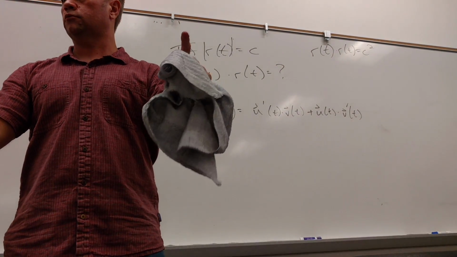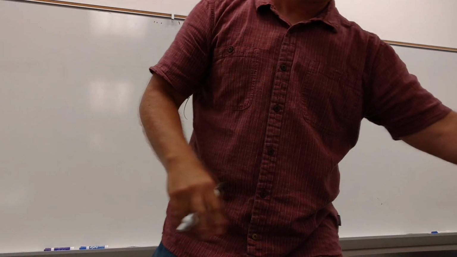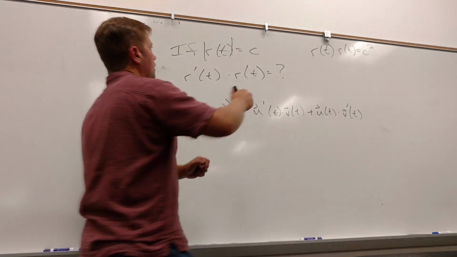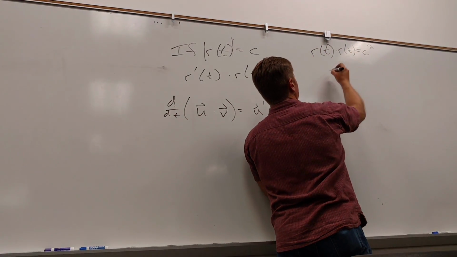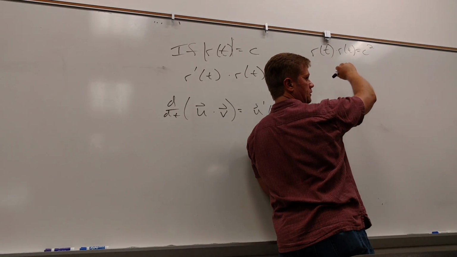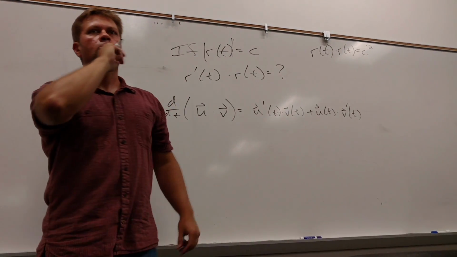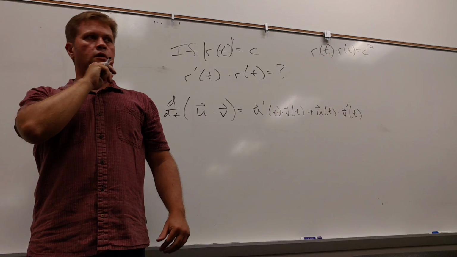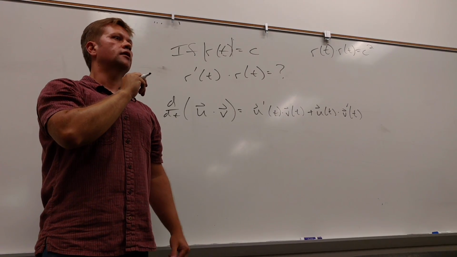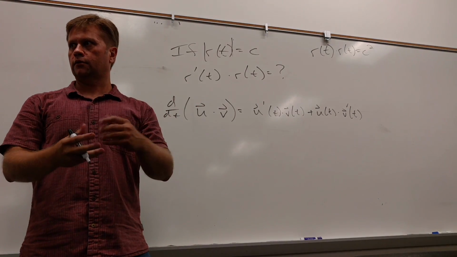That's true, right? But that's the magnitude. So what is r of t dot r of t? Magnitude times the magnitude times the cosine of the angle between them, which is 1 because there's no angle. Exactly. So it's the magnitude squared.